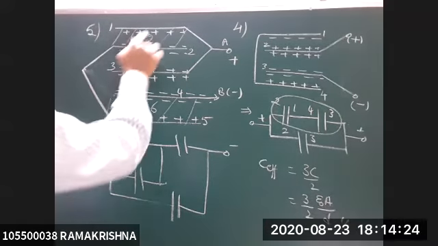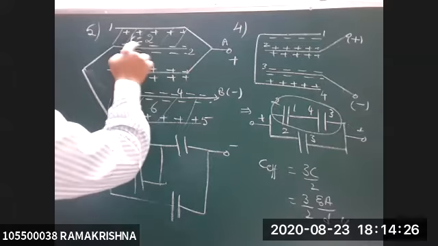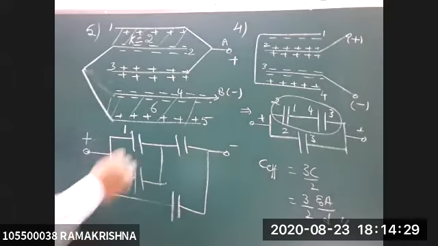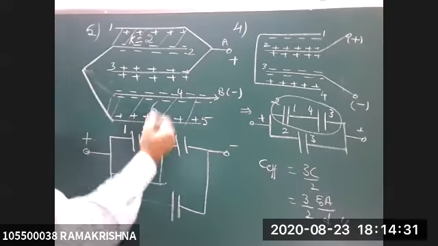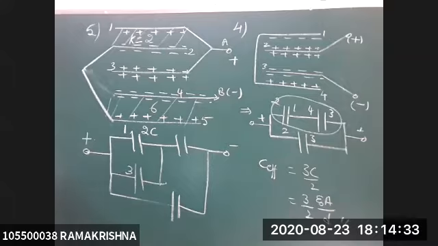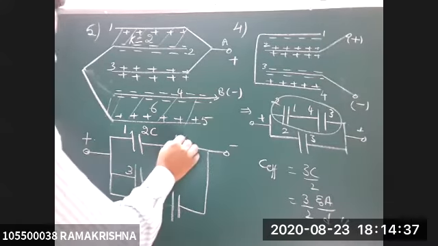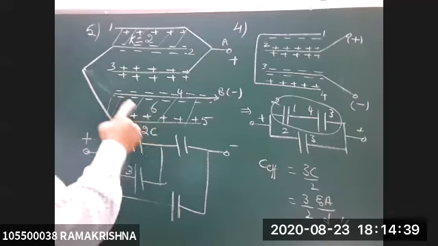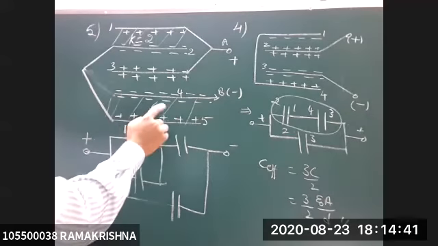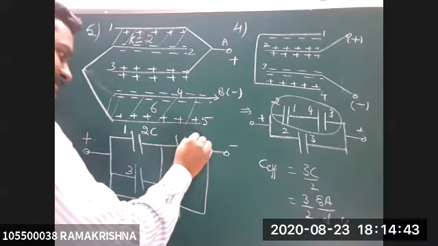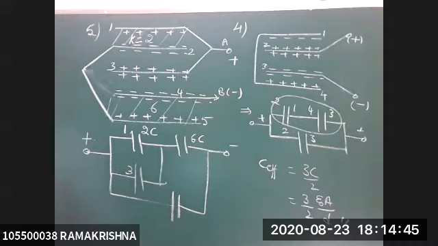Between the first two plates, there is a dielectric slab of dielectric constant 2, so its capacitance is taken as 2C, right? And between these two plates, there is a dielectric constant of 6, so its capacitance is 6C, right? And it is C, its value is also C.